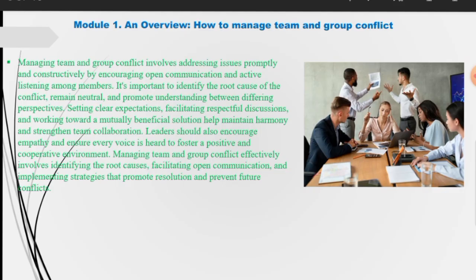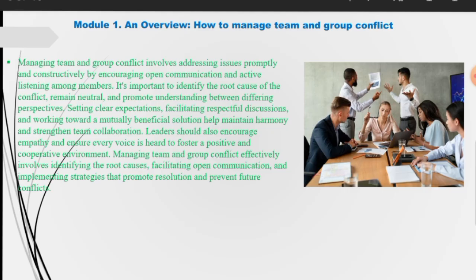Managing team and group conflict involves addressing issues promptly and constructively by encouraging open communication and active listening among members. It's important to identify the root cause of the conflict, remain neutral, and promote understanding between differing perspectives.